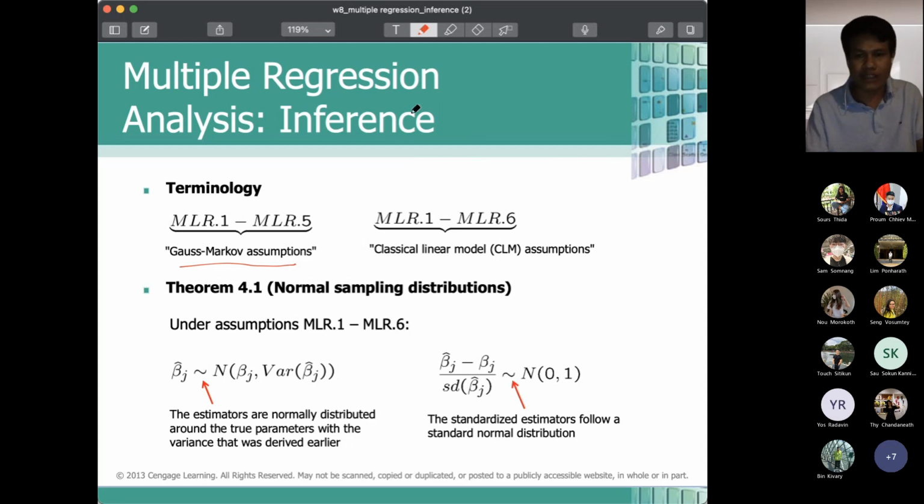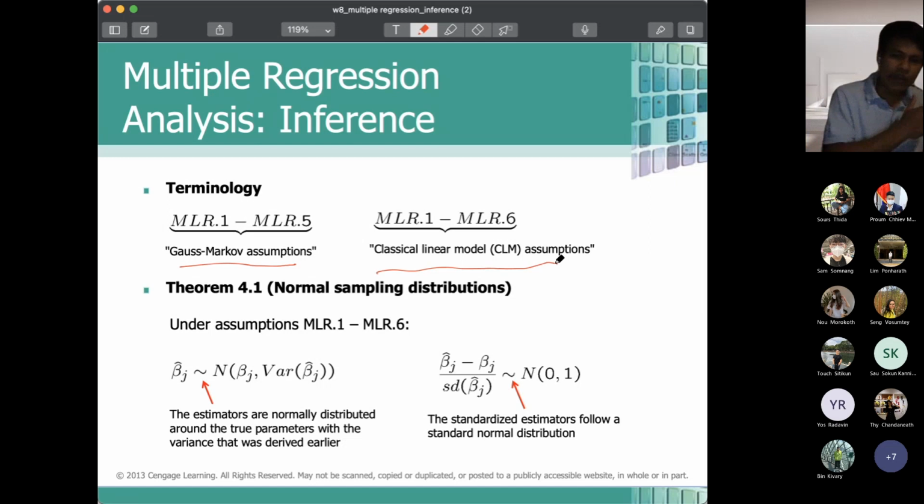If assumptions 1 to 6 are met, we call them the classical linear model assumptions. Under assumptions 1 to 6, we can say that the estimator is normally distributed around the true population parameter.